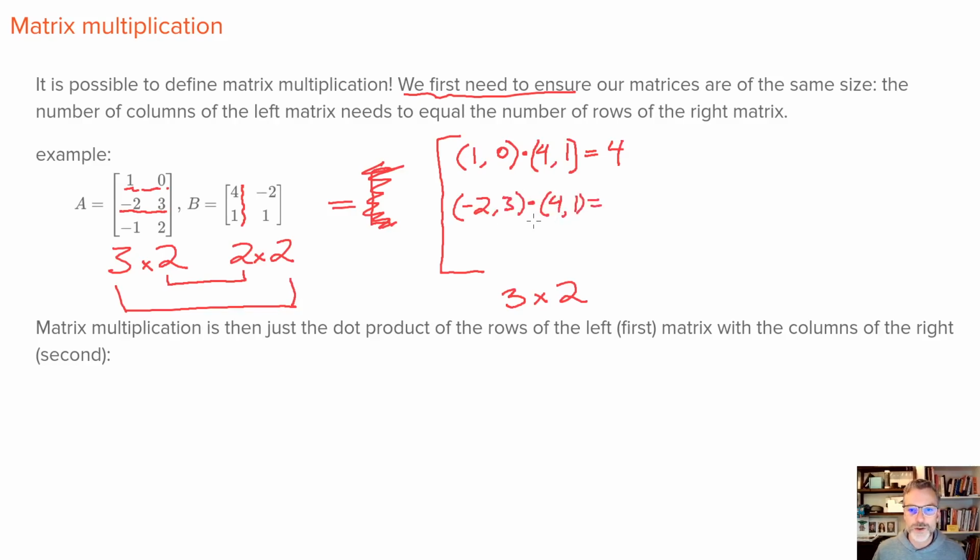Okay, and we can do that quickly. I've got negative 8 plus 3, so minus 5. This third entry down here is in the third row, first column, and I find that by doing the dot product between the third row of A and the first column of B.